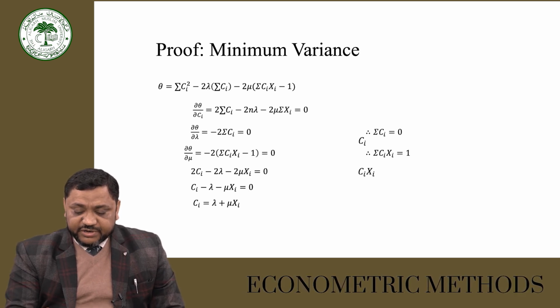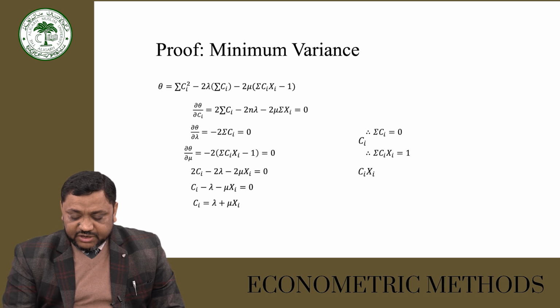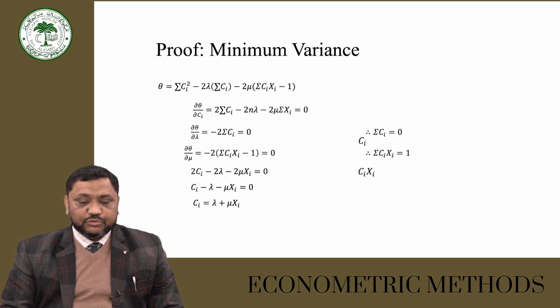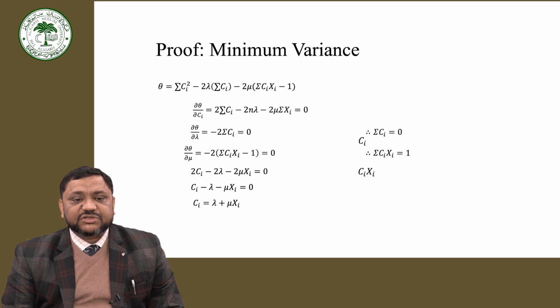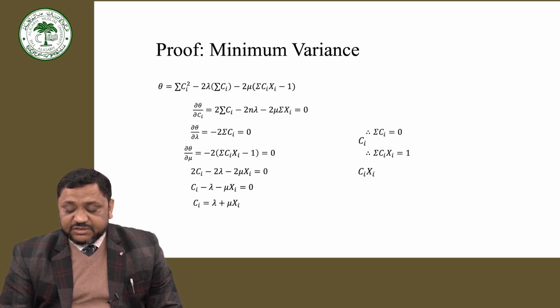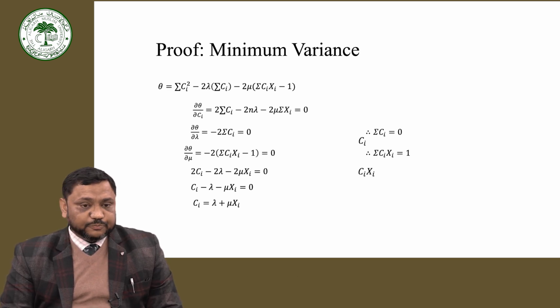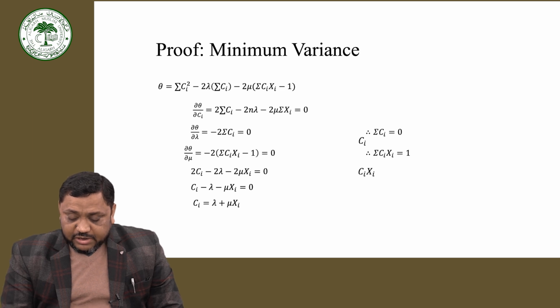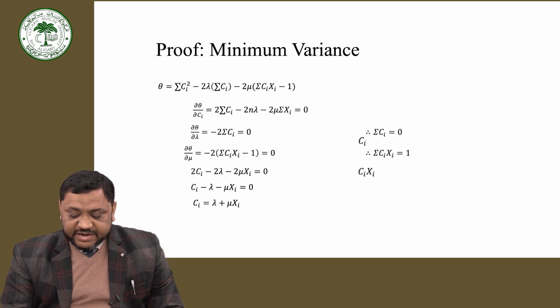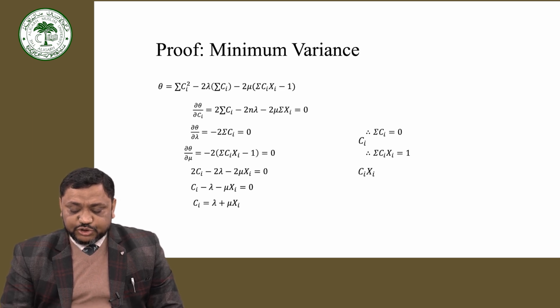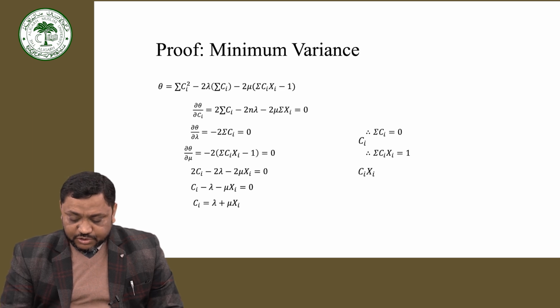Then we differentiate with respect to mu, which gives minus 2 bracket open summation ci xi minus 1, equal to 0. We take the first one and write it as 2 ci minus 2 lambda minus 2 mu xi equal to 0.